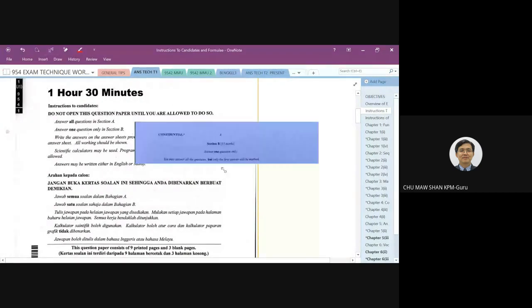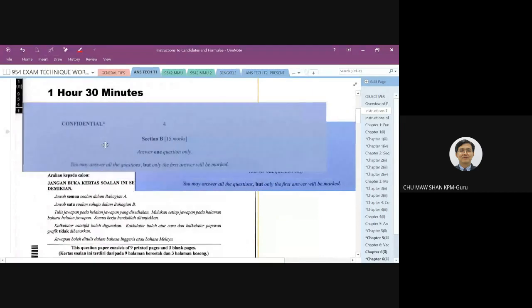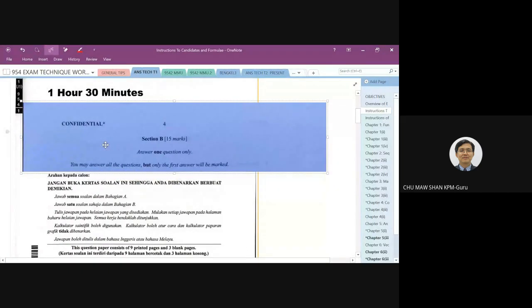When you open up the question paper, it's stated very clearly here for section B, you may answer all the questions, but only the first answer will be marked. So what does it mean? If you have time, some may attempt 2 questions.